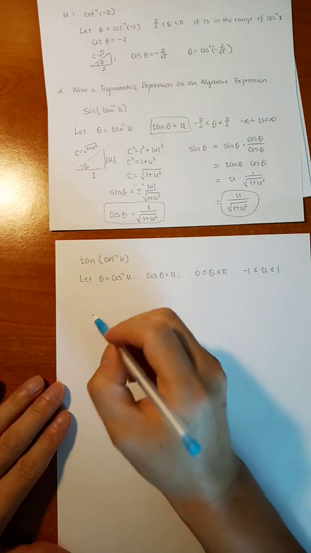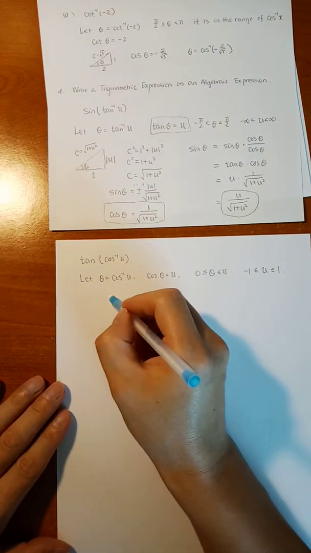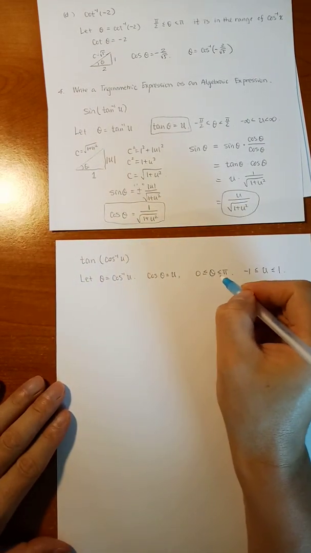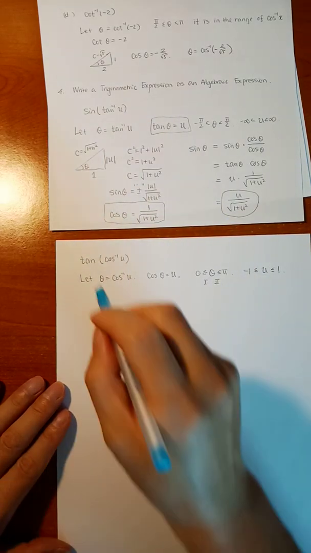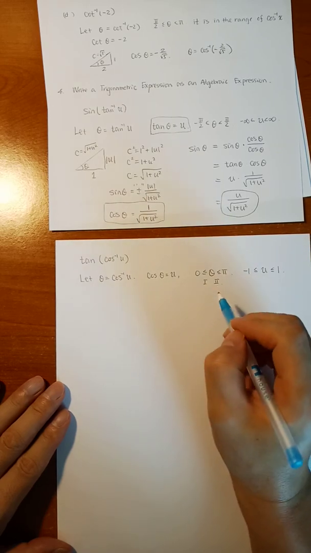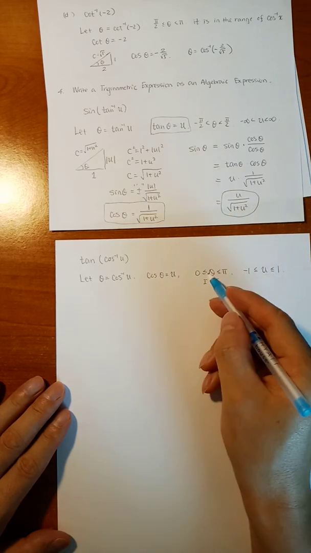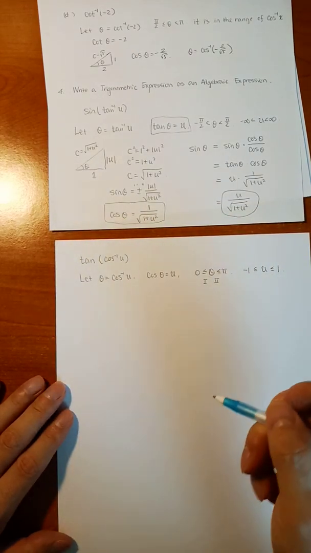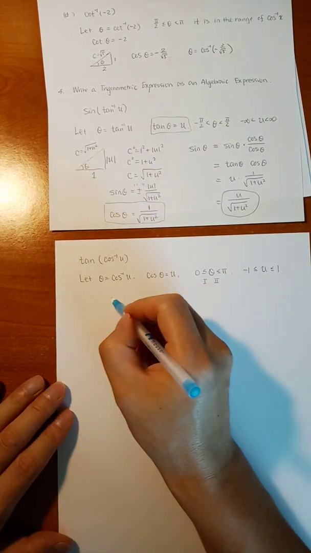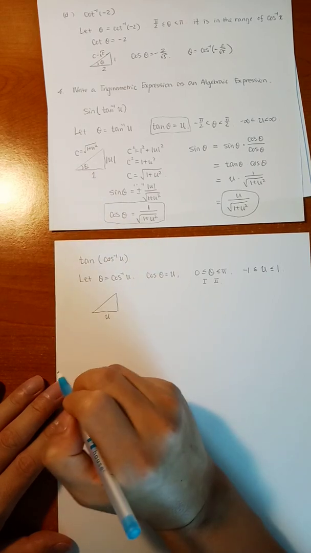Okay? So, what do we have? It's the first and the second quadrant. Tangent positive in the quadrant 1, negative in the quadrant 2. We don't know the exact value so far because we don't know the precise location of theta. Cosine, u is here.